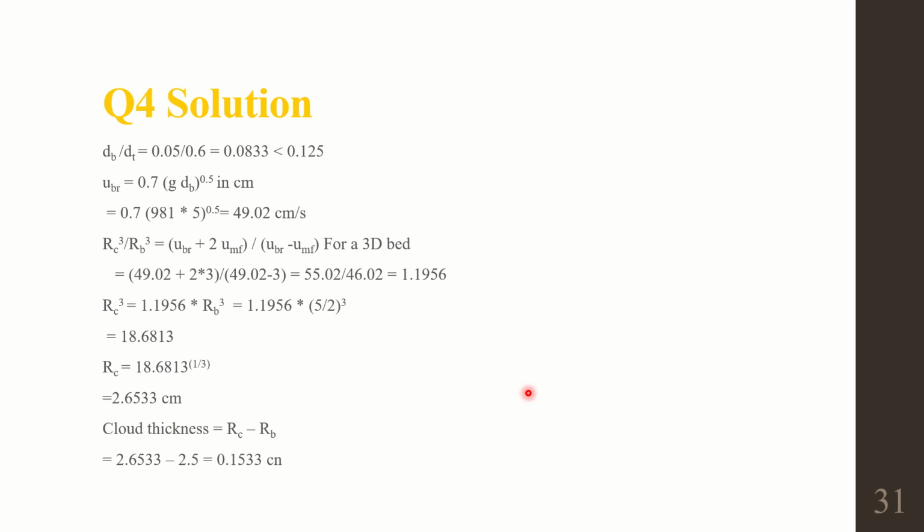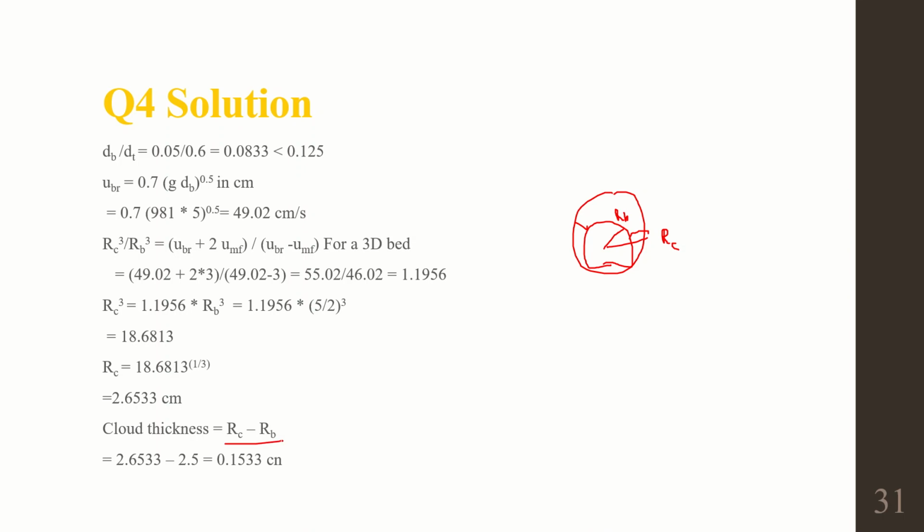RC we are getting 2.6533 centimeter, and cloud thickness, if you remember what the cloud is, this is the bubble, and this is the cloud if the bubble is like this. So the cloud thickness would be this. We know the bubble dimension as RB, this is RC, so this particular part is the cloud thickness.